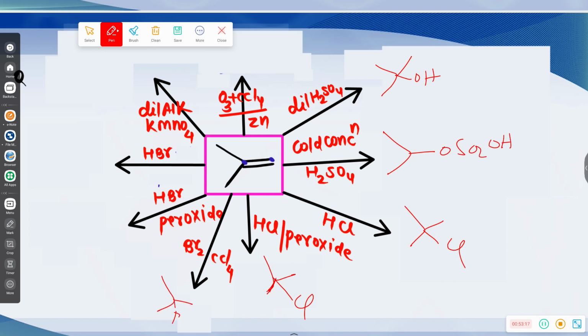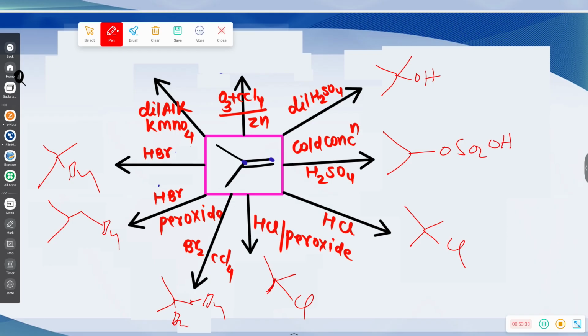Br2 in CCl4. HBr with peroxide, anti-Markovnikov addition. HBr, same thing, but here we have less.